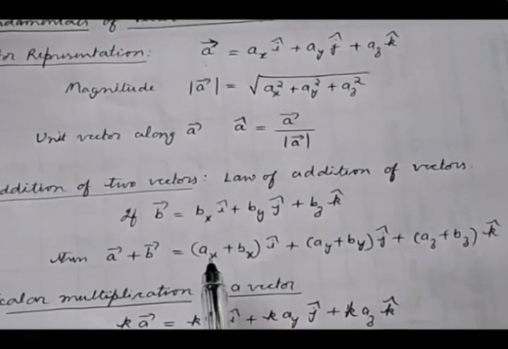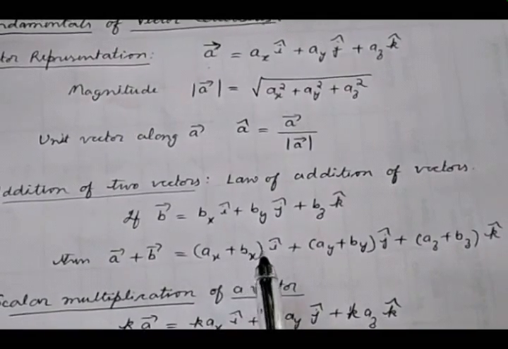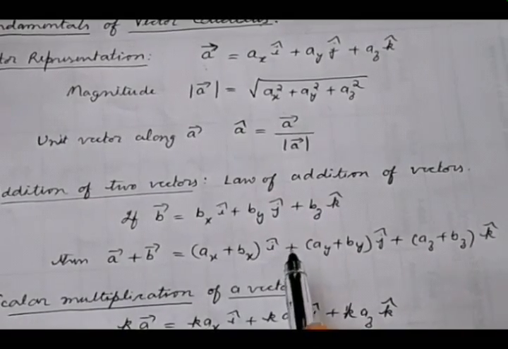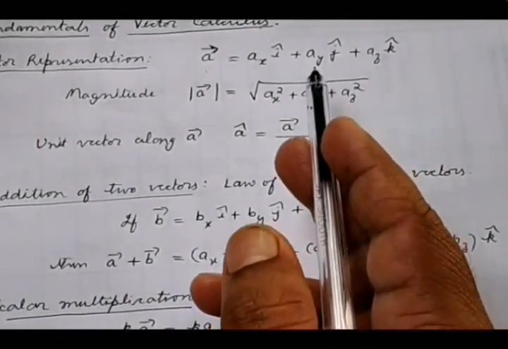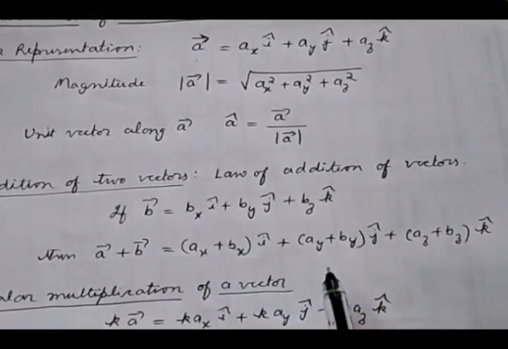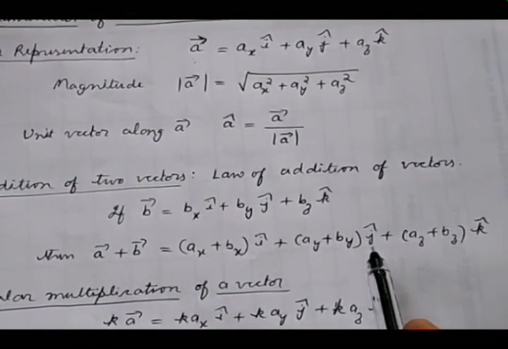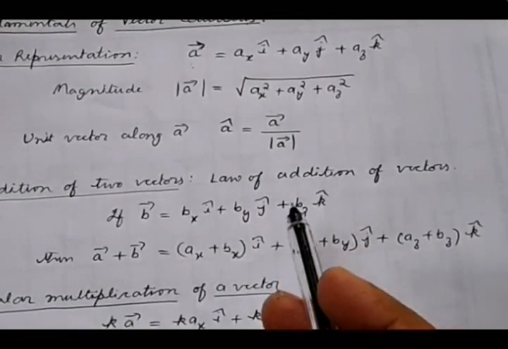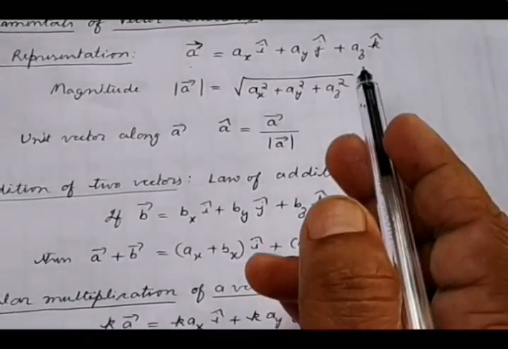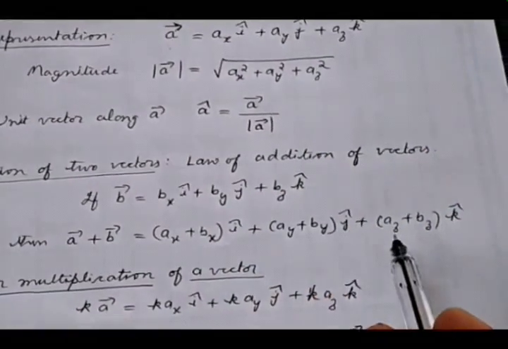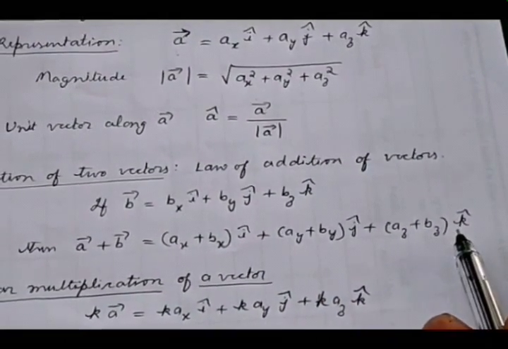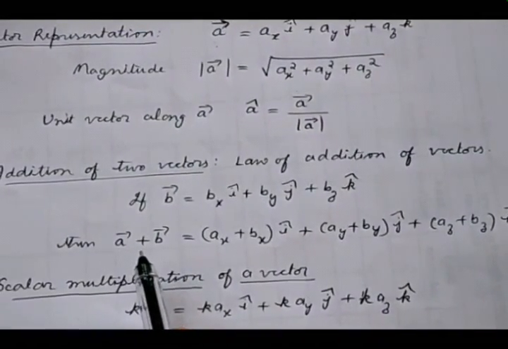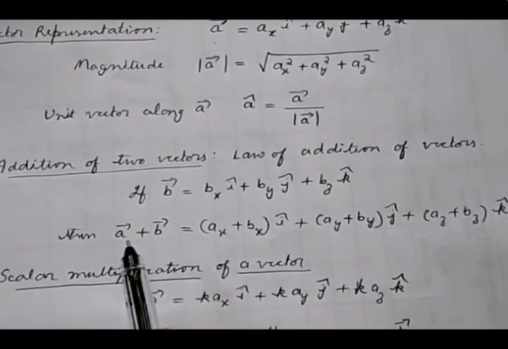We first take ax plus bx multiplied by the unit vector i cap, plus the sum of the y-axis component, that is ay plus by multiplied by the unit vector j cap, plus the sum of the z-axis component az plus bz multiplied by the unit vector k cap. So this is the addition of two vectors A bar and B bar.